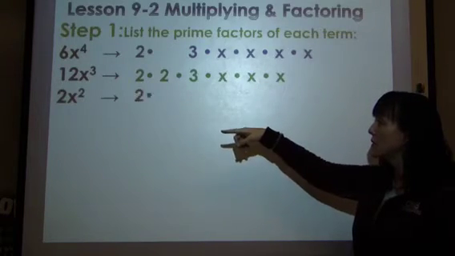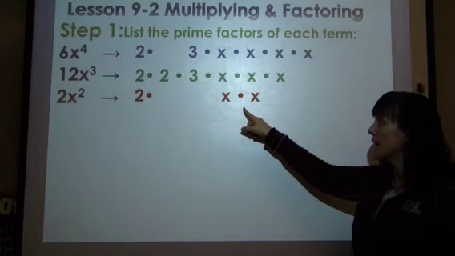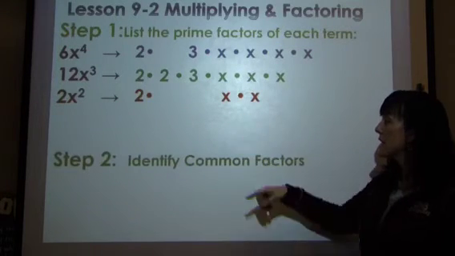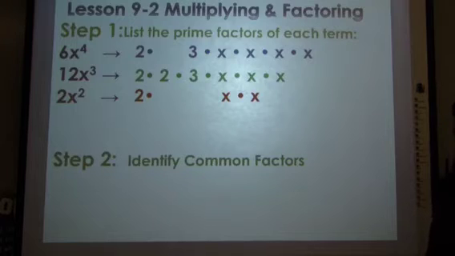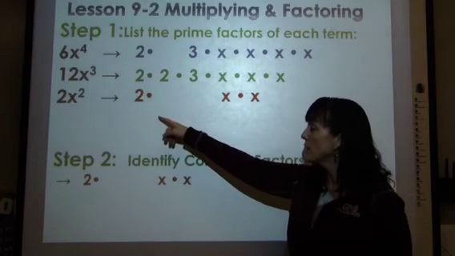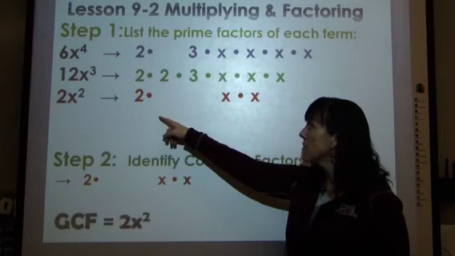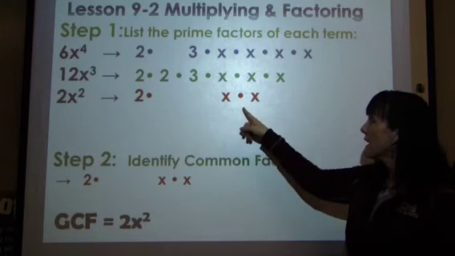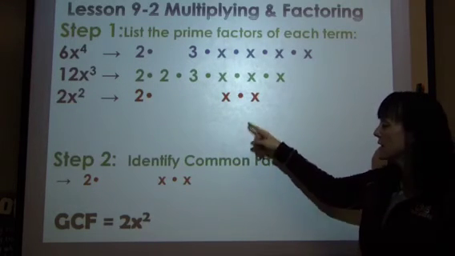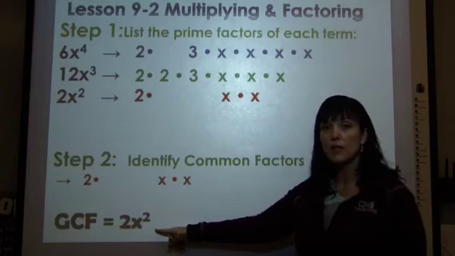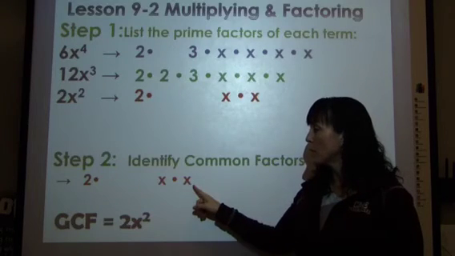And then 2 times x times x. Now we need to look and see which factors they have in common. There's 1 two, and there's 1 x and another x, so 2 x's. So our greatest common factor is 2x squared when we multiply the individual factors together.